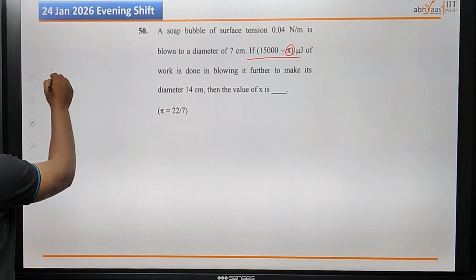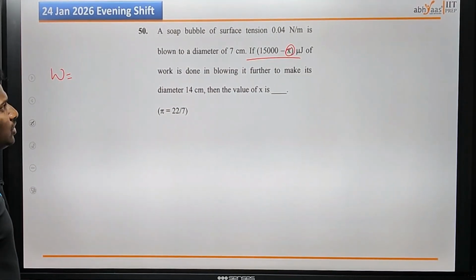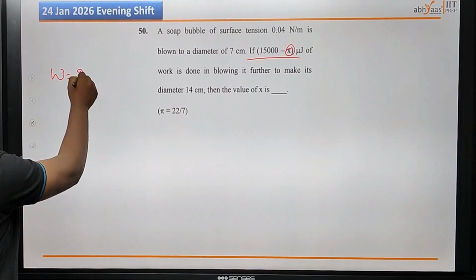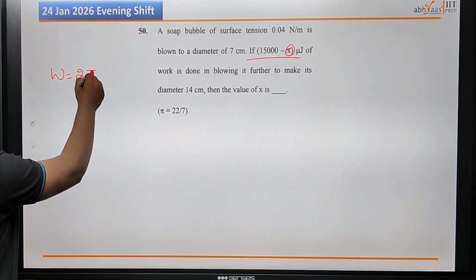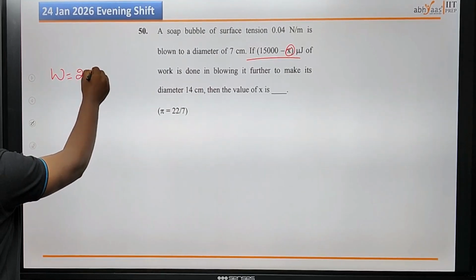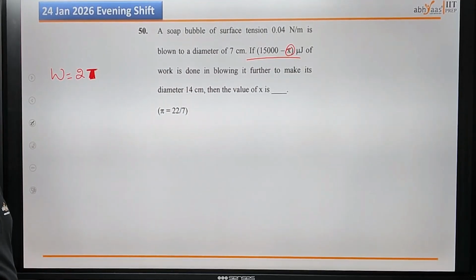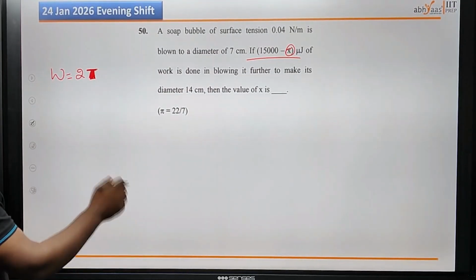Work done in the case of a soap bubble can be written as 2T, that is, surface tension into area.